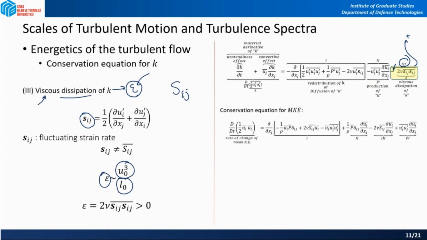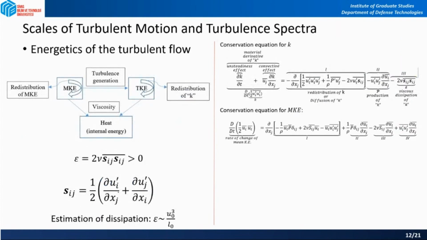Let me clarify. On one side you have mean kinetic energy. This mean kinetic energy will be lost in two ways. Either it goes directly to heat through viscosity, or it goes to turbulence generation.